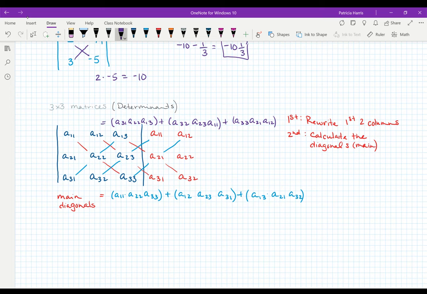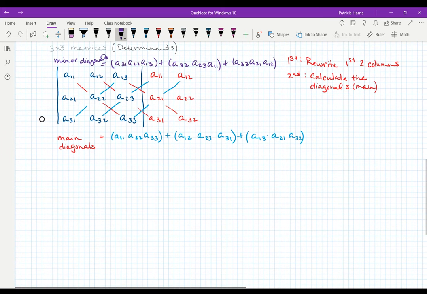And these will be your minor diagonals. Okay, and now once we get all of that, we're going to go main diagonals minus the minor, just like before. I forgot to write down our steps.